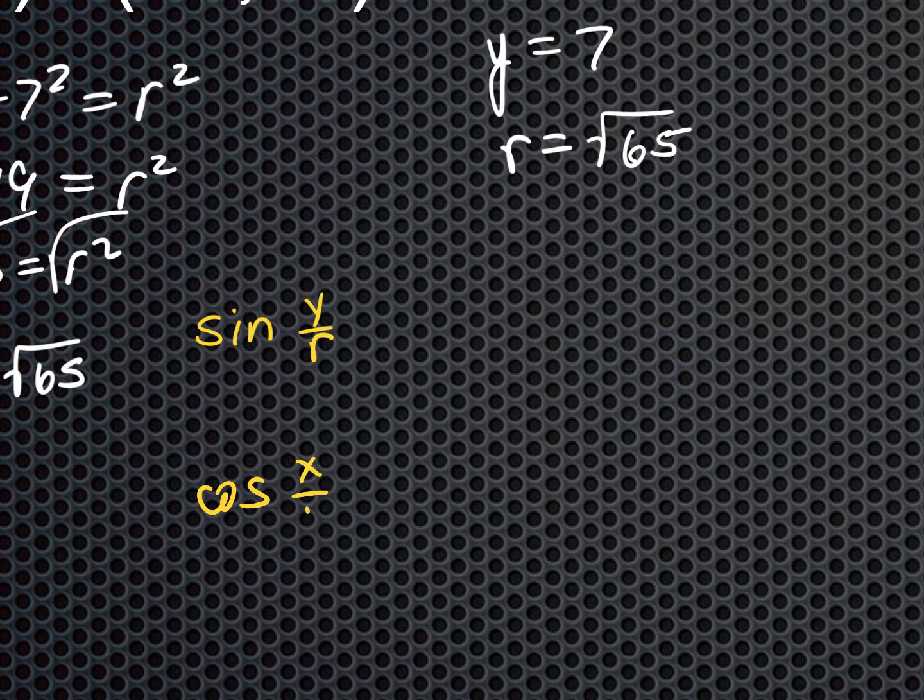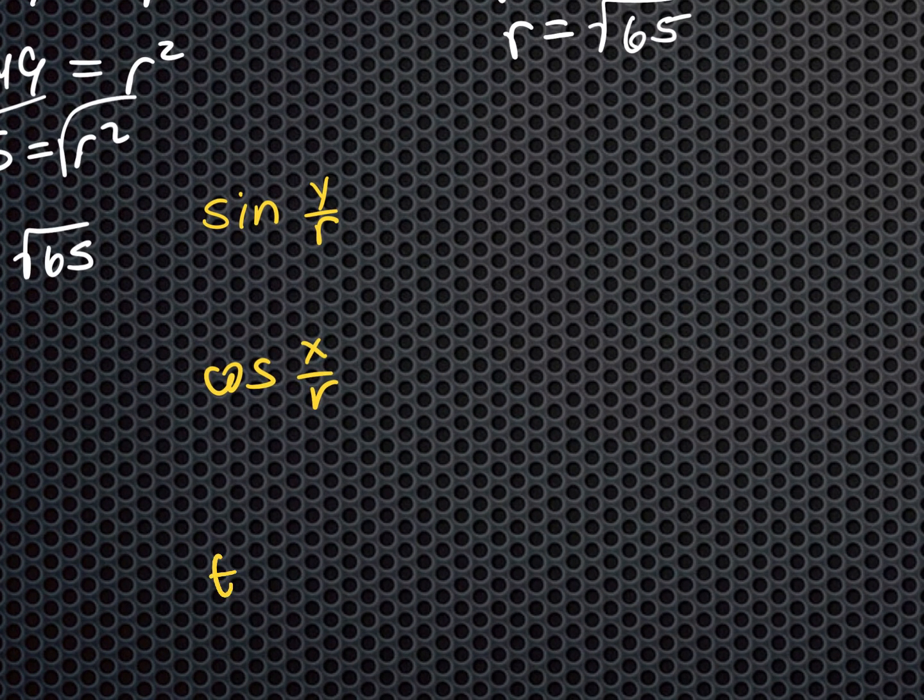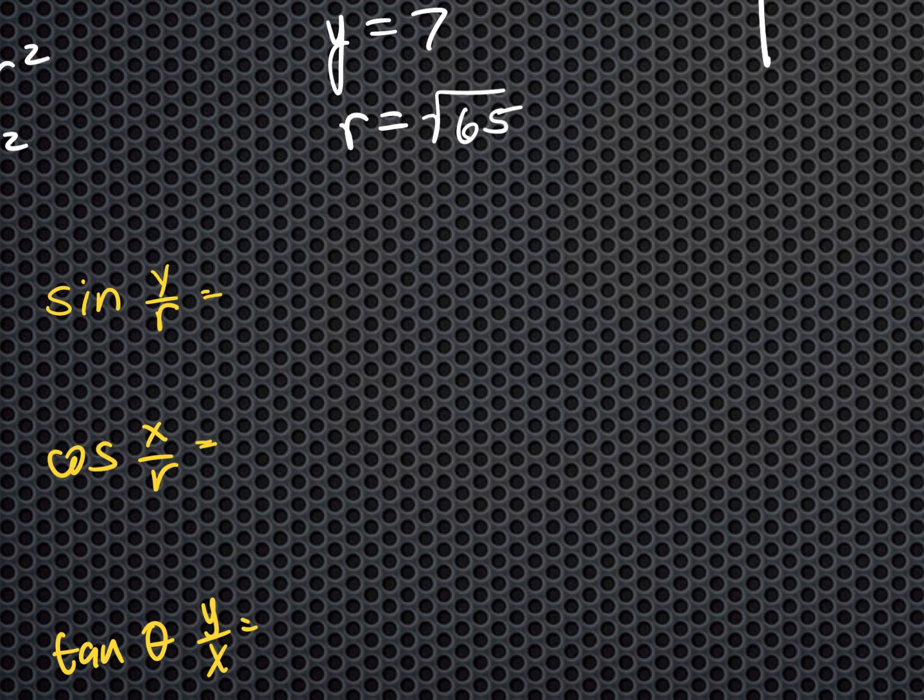Cosine of theta is x over r. Tangent of theta is y over x, correct? Yes? So our cosecant of theta is r over y. Our secant of theta is r over x. And cotangent theta is x over y.